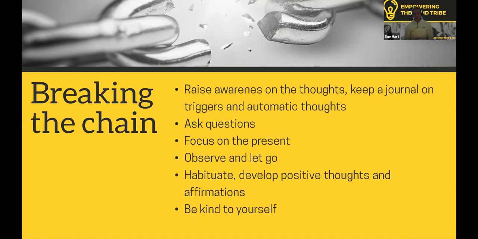There's a template in the resource section where you can put these thoughts on trial. There's also a useful tool for adaptive thinking to look at all the thinking errors that come up, because sometimes we tend to jump to conclusions and it's not the reality of the situation.